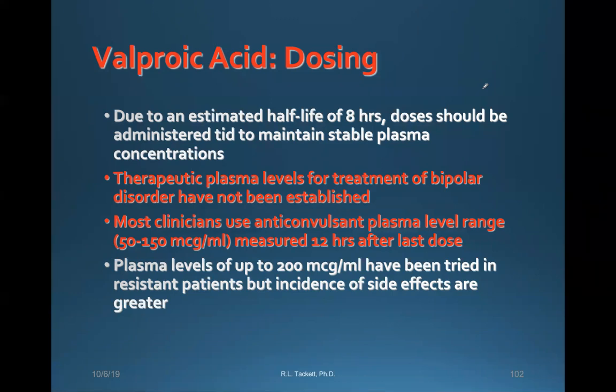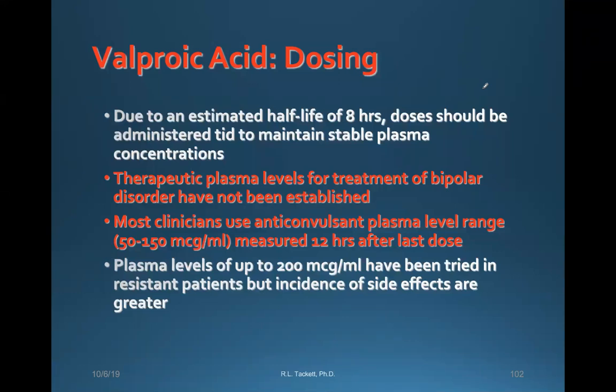Typically, what we see is that it's often given up to 3 times a day, so every 8 hours. We don't know the therapeutic plasma levels for bipolar patients. Those have never been established. Most clinicians will target what we've seen with anticonvulsant plasma levels, and that tends to be between 50 to 150 micrograms per mL, measured at 12 hours.